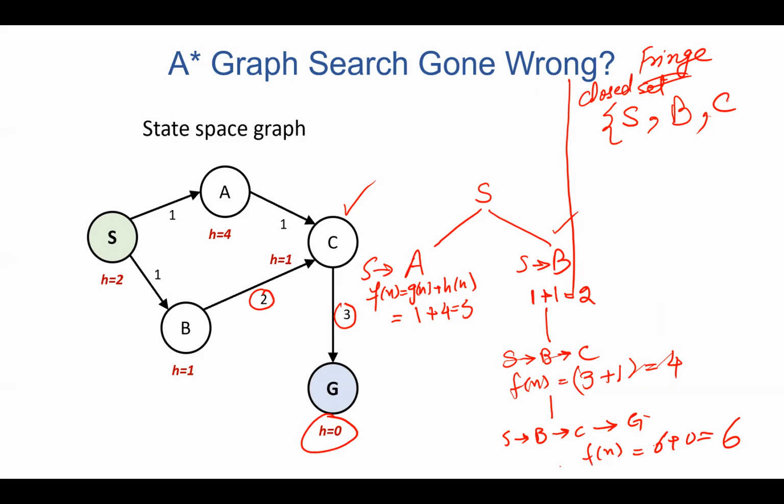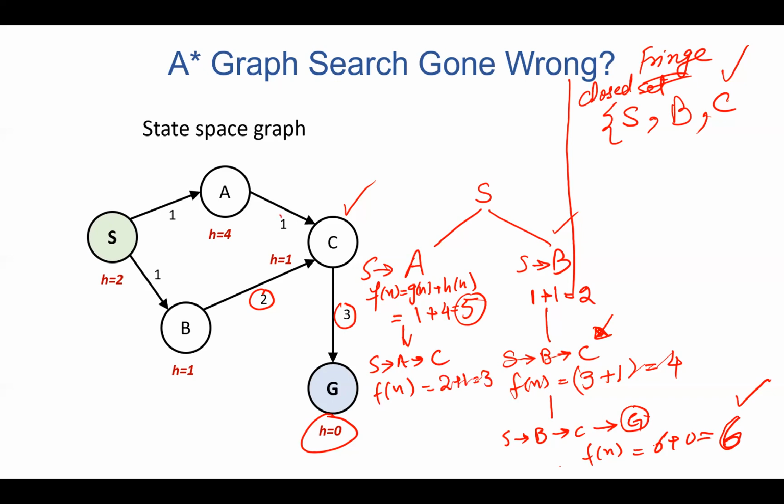So you see here, when we were here, we expanded C, right? And we put that in the closed set. And when we got here, we have 6. And here we have 5, right? So we get from S to A to C, and f of n equals S to A to C. So 2 plus 1, right?